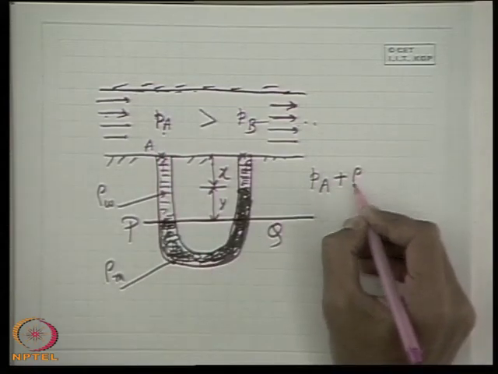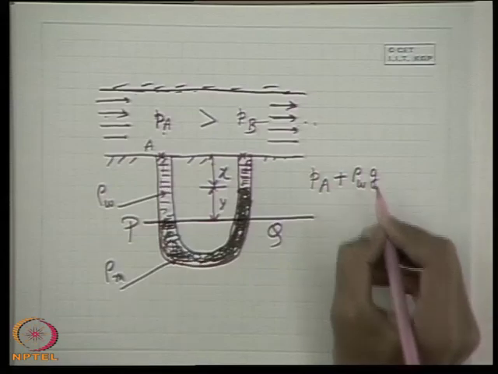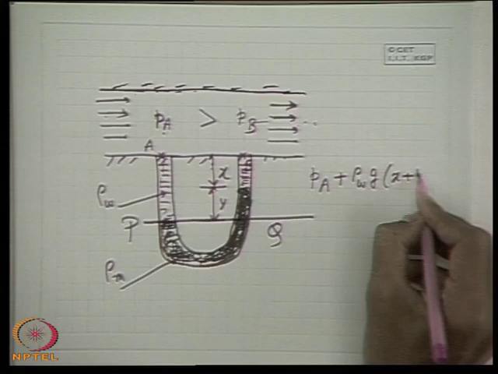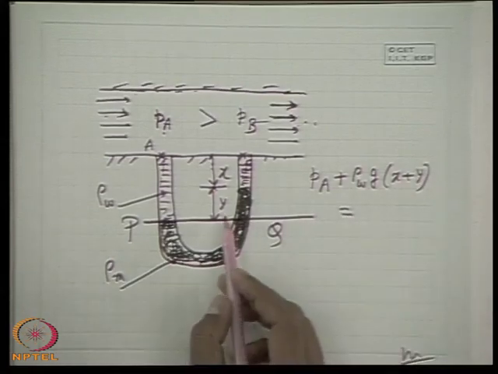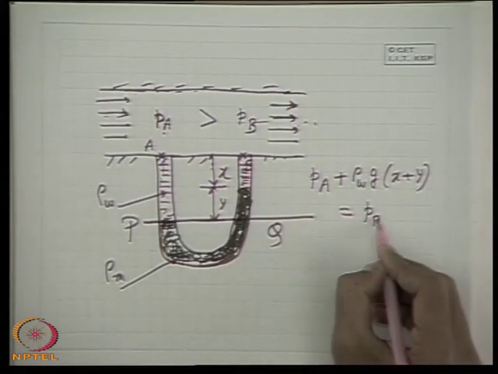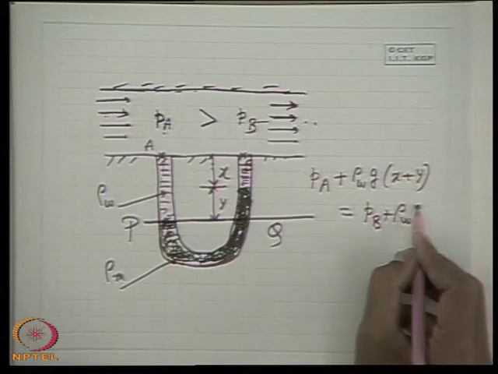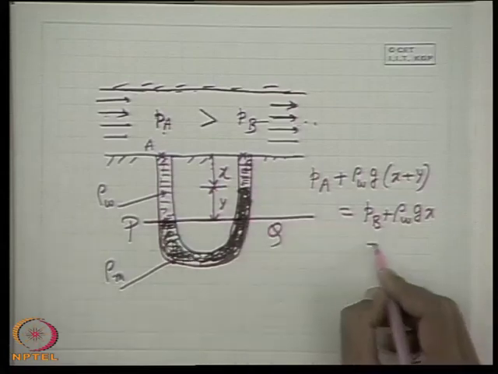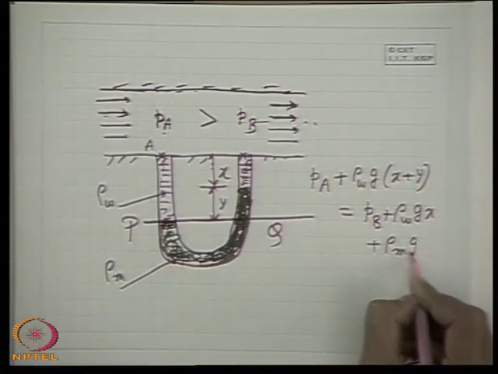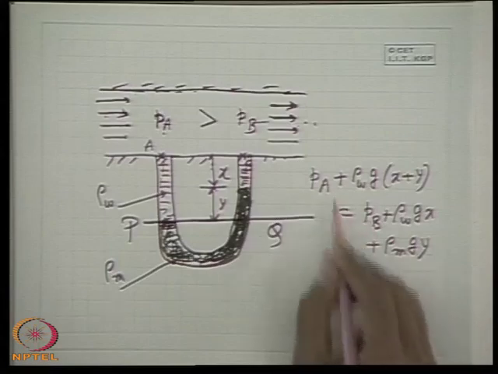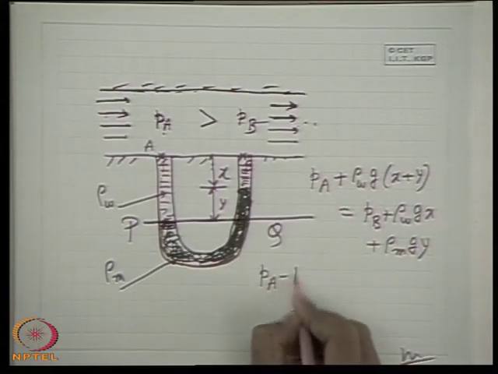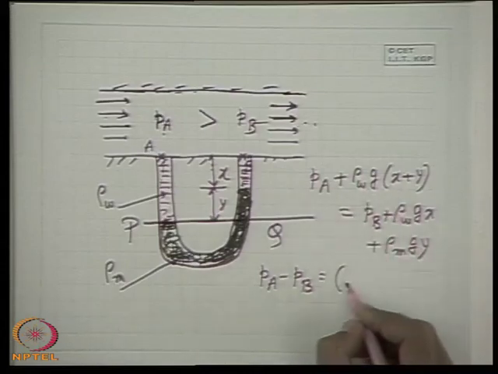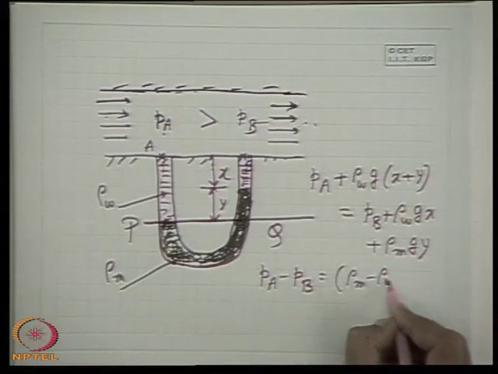Pa plus rho W g into (x plus y) is equal to, here, Pb plus rho W g into x, because this column of liquid also exerts pressure on this side, plus rho M g y. That means if you make this Pa minus Pb, it will be equal to, because rho W g x cancels from both sides, (rho M minus rho W) g y.